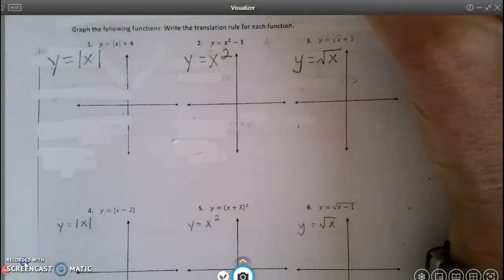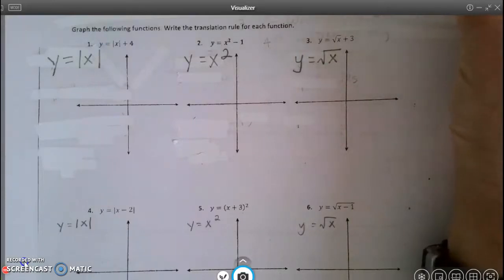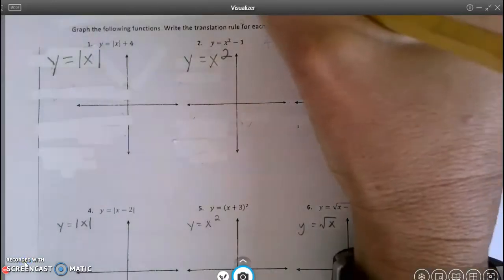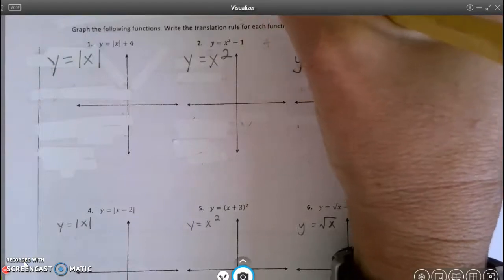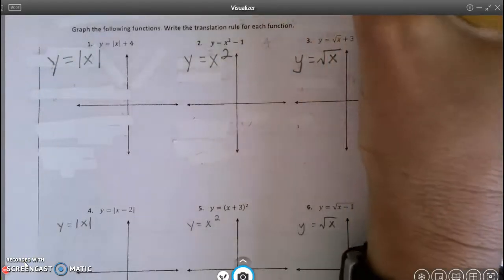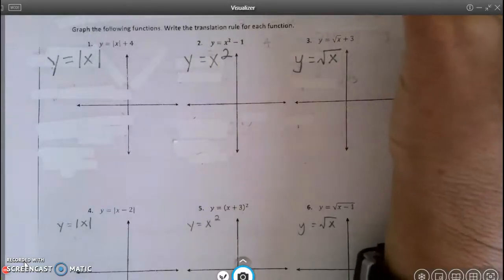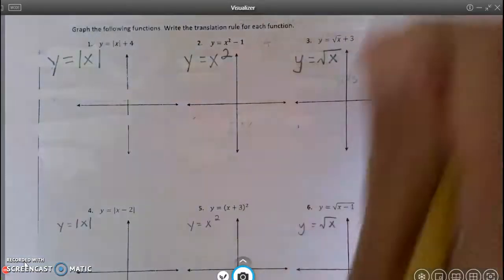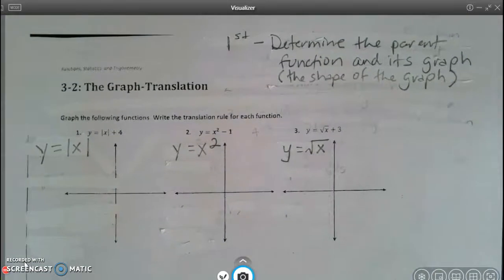And its graph. When I say its graph, I mean the general shape of the graph. That's why the first section that we did was so important, because we had to learn what these general shapes would be.